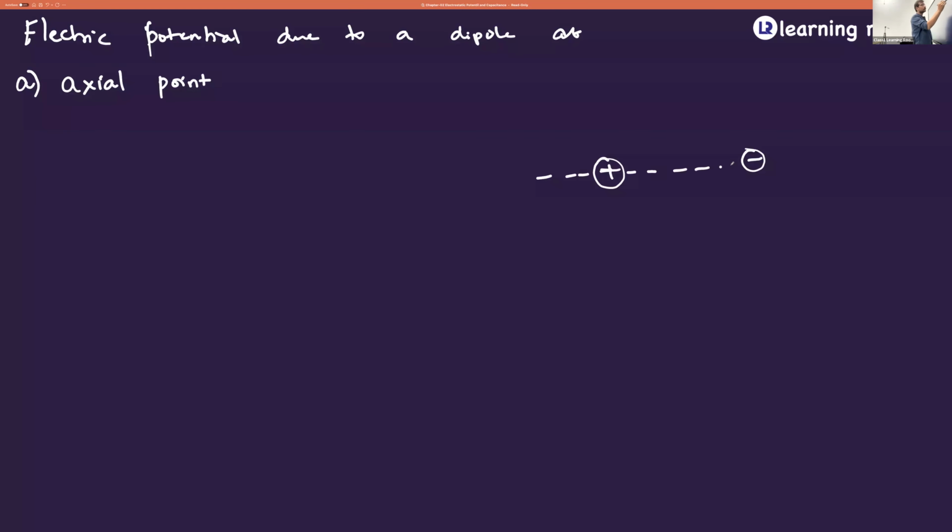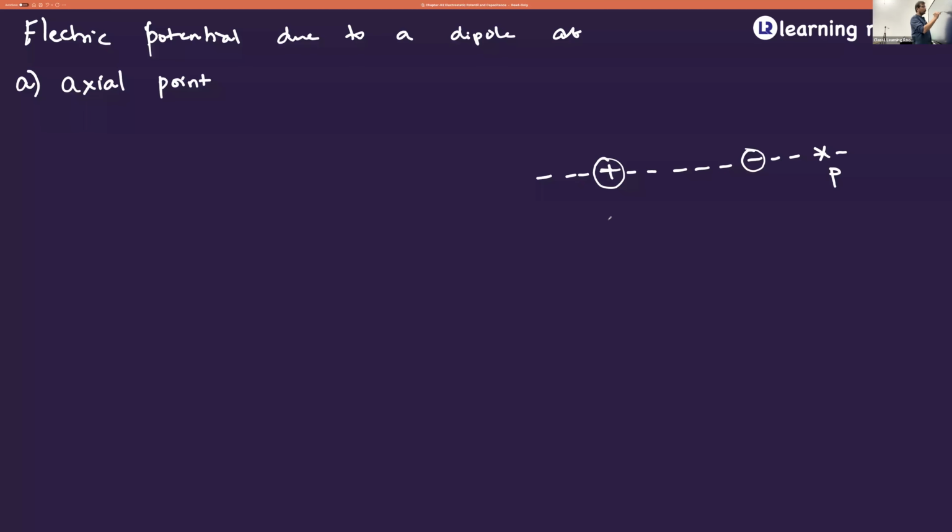So electric potential due to a dipole at an axial point. Those who have already written the note, listen to it one last time so that you can remember better. At an axial point means what? We have a positive charge and a negative charge. Let's say I'm taking a point P on the axis of this dipole.